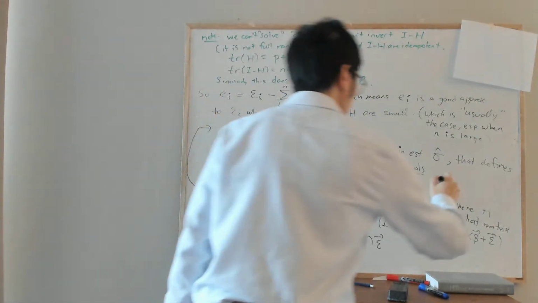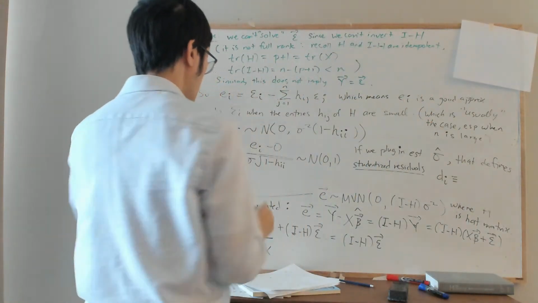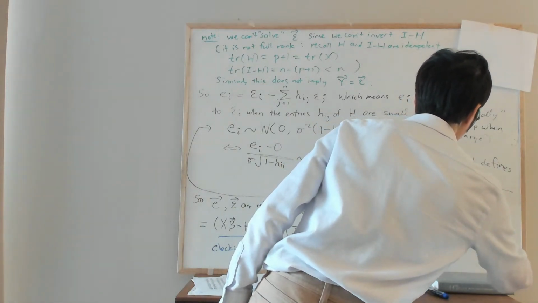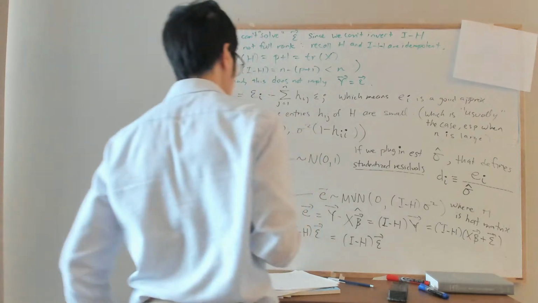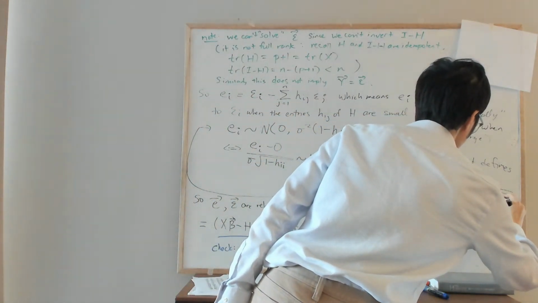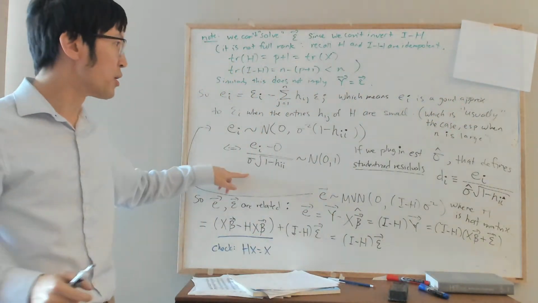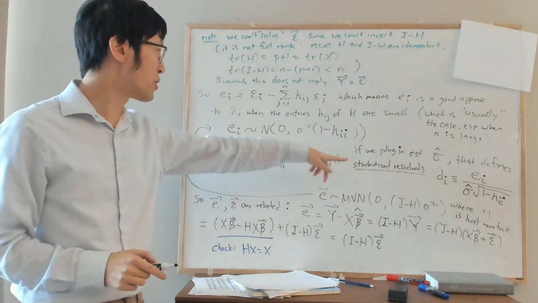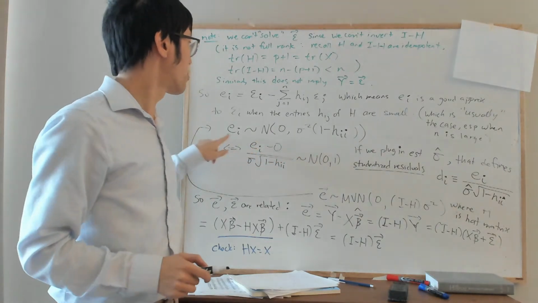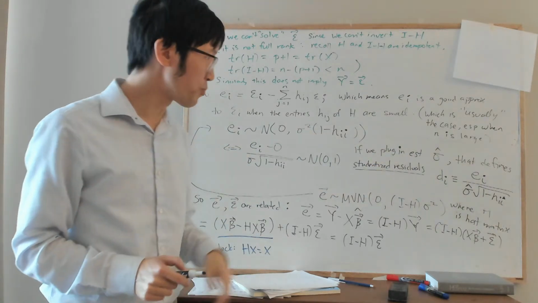Specifically, it's called d_i, and how we get them is I take each residual and divide it by sigma hat, our estimate for sigma, times the square root of 1 minus h_ii. What this does, as you can see, is it standardizes the variances based on this expression, so it gets rid of this 1 minus h_ii factor.